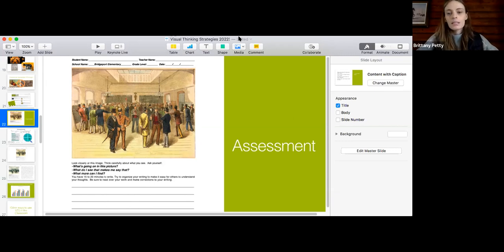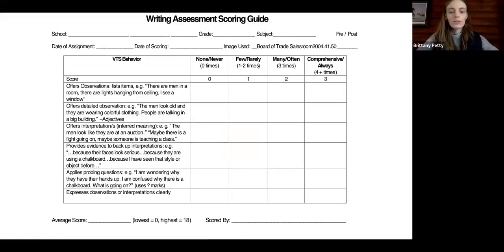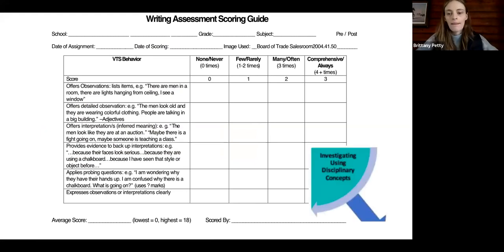Let me see if I can, what happens if I do this? That's better. All right, so this is the rubric that was used. And you can see as this pops up how the rubric is geared towards those inquiry standards. So you have to offer your observations, number 1, and there's an example.